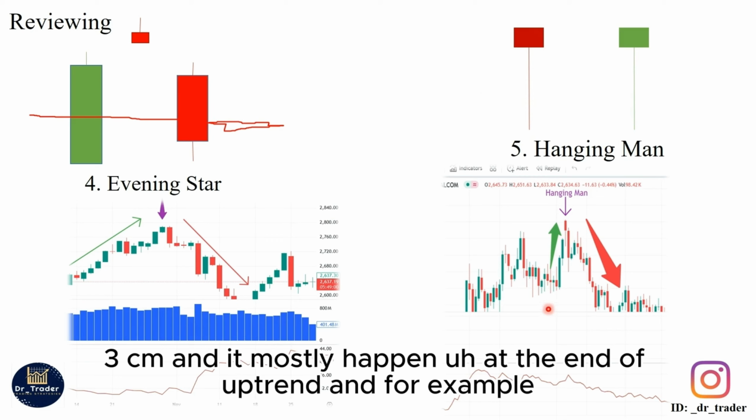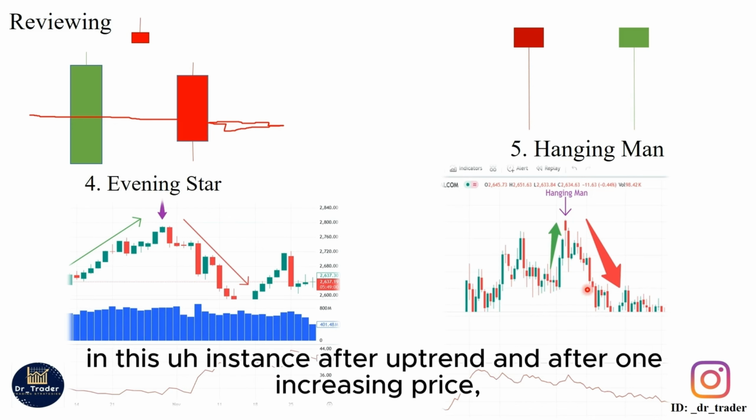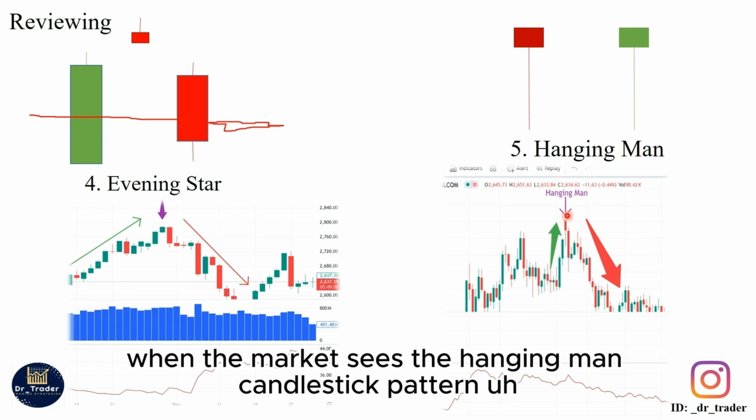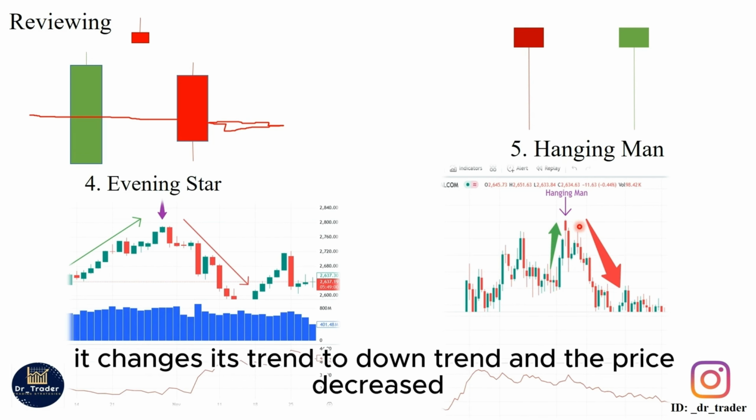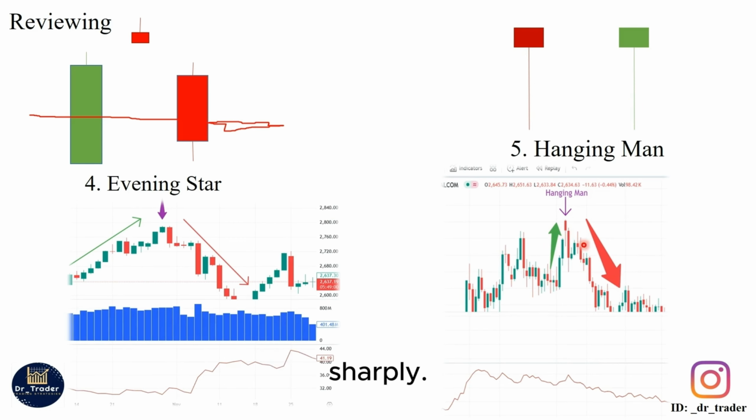And it mostly happens at the end of an uptrend. For example, in this instance, after an uptrend and after one increase in price, when the market sees the hanging man candlestick pattern, it changes its trend to downtrend and the price decreased sharply.